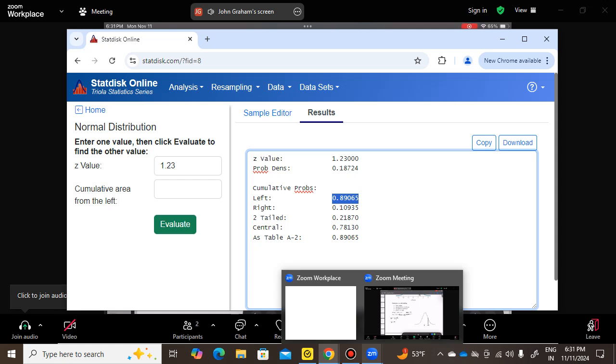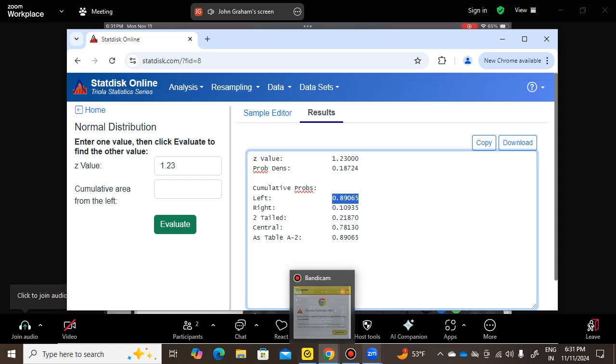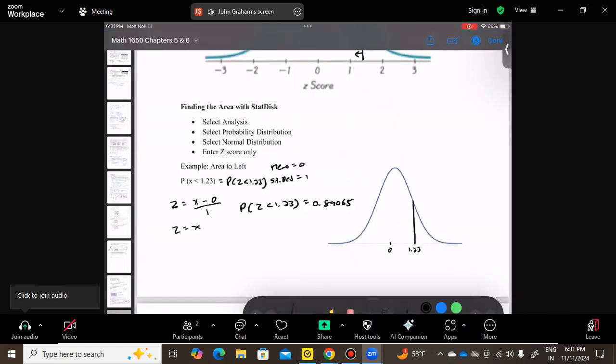Right, so probability of z less than 1.23 is equal to 0.89065. That's the area to the left. We are looking for the area to the left, since we are looking for less than 1.23. So this is a probability of 89.1%. And that is the probability of x less than 1.23.